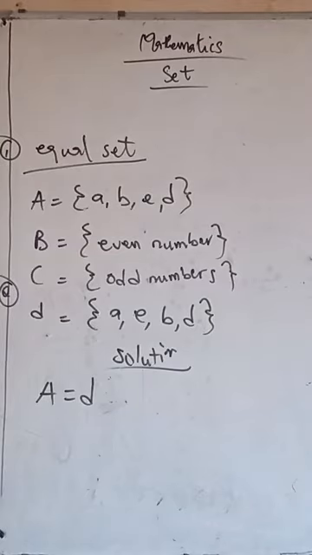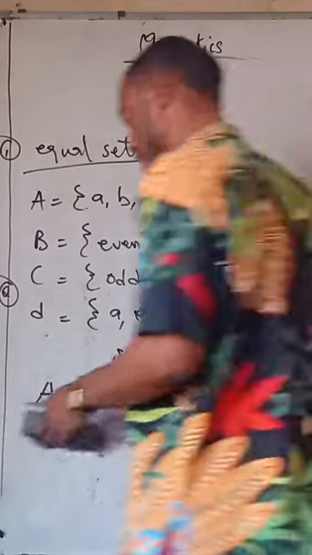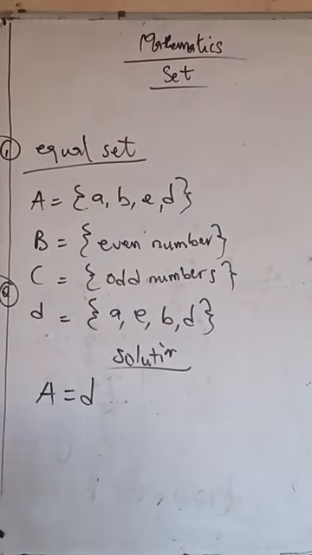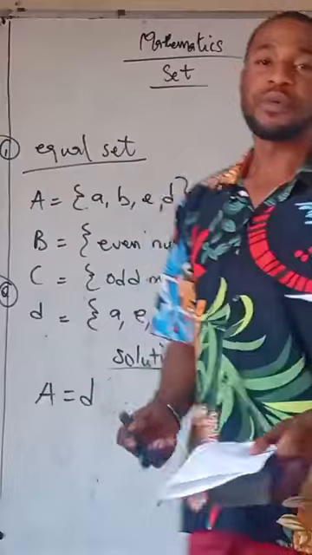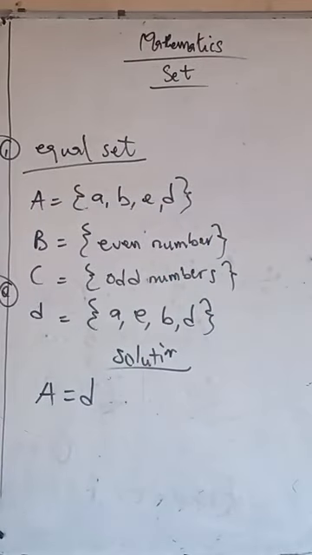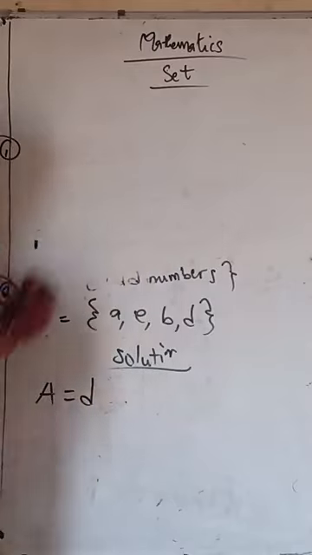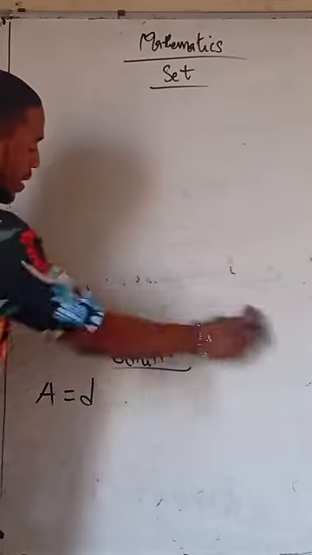Now, for the next one, we have intersection and union set.